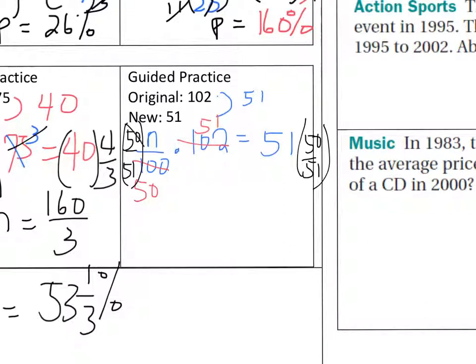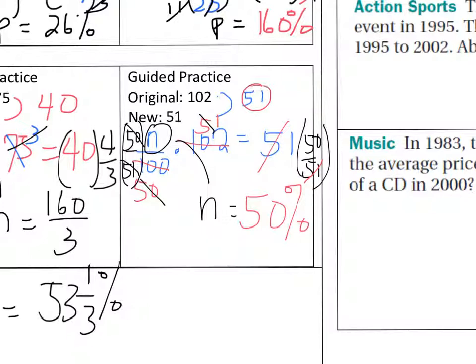And we cancel out the 50 and the 51 on the left-hand side. Take down the n. And on the right-hand side, we can cancel out the 51 to get 50%. Technically, we didn't really need to solve this problem because, as you can see, the amount of decrease is half of 102. So we can automatically deduce that the percent of decrease is 50%.